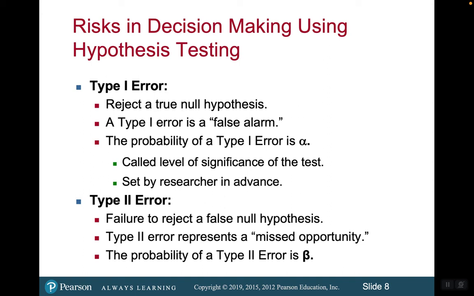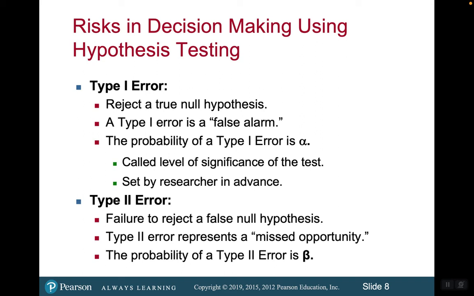The researcher will establish this as a stake in the ground going into this. Type 2 error is a failure to reject a false null hypothesis. We would call this a missed opportunity.